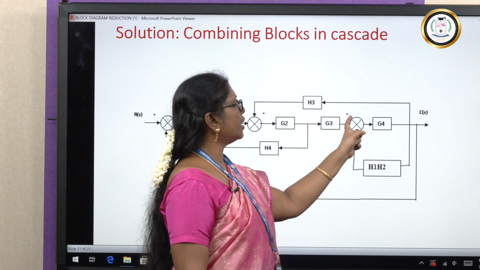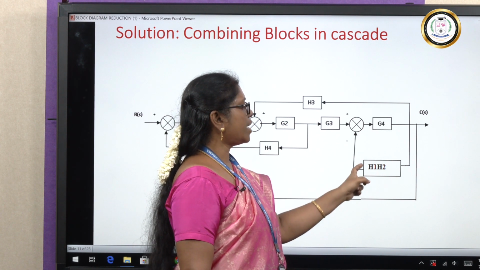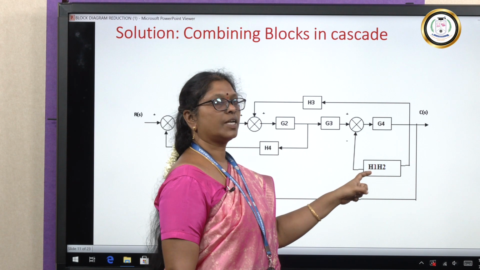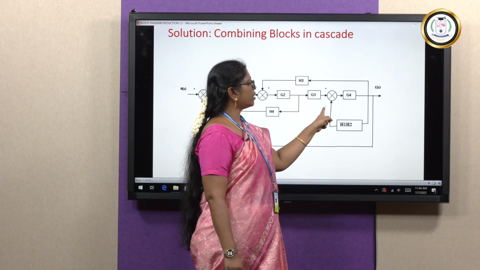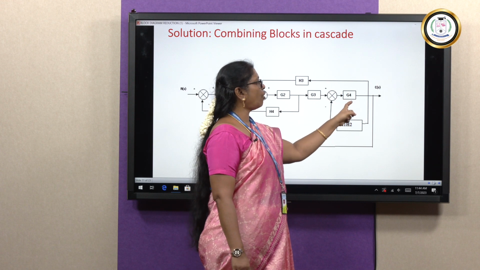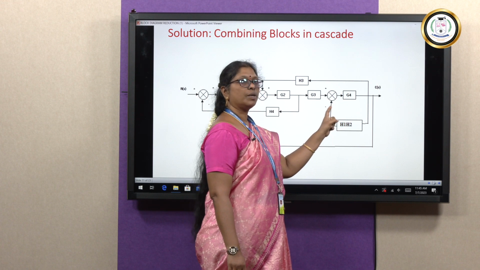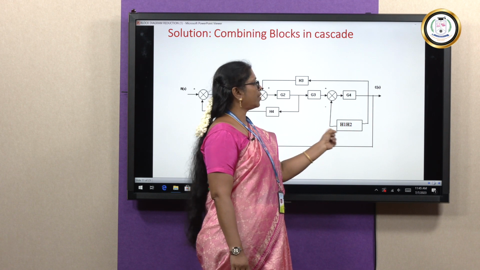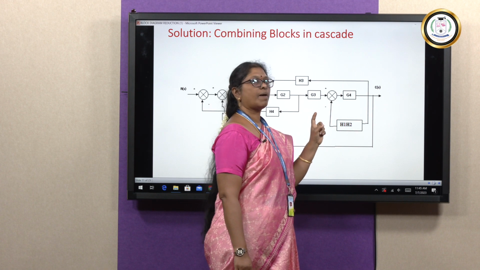Now, if you see here G4 and H1 H2, we can eliminate this feedback loop, correct. So, here the sign is minus. So, G4 divided by 1 plus G4 into H1 H2. So, we can eliminate this feedback loop.